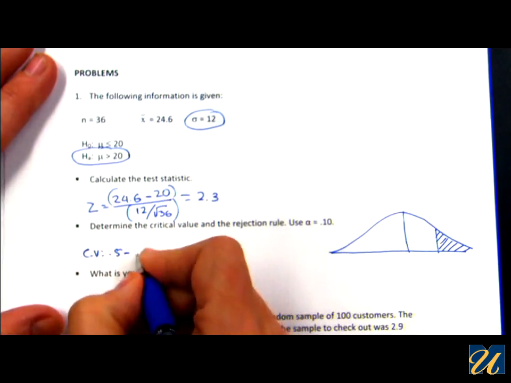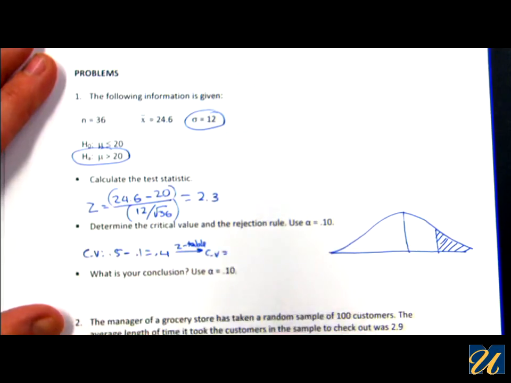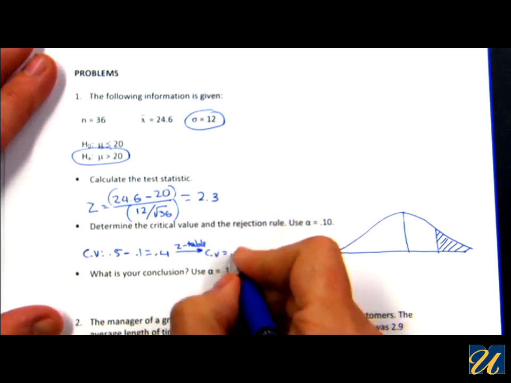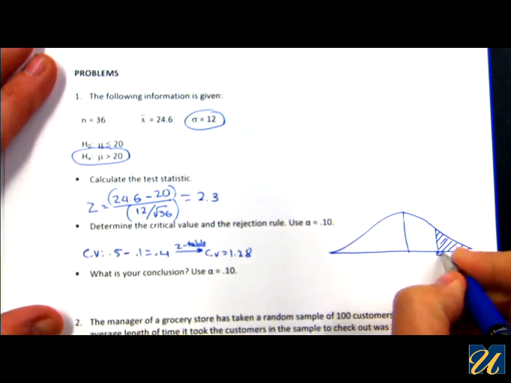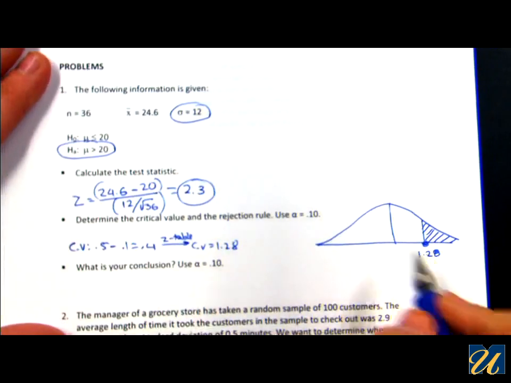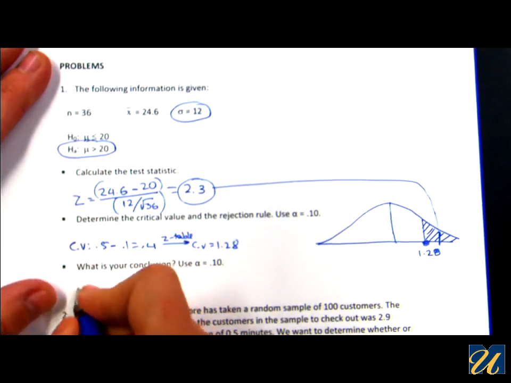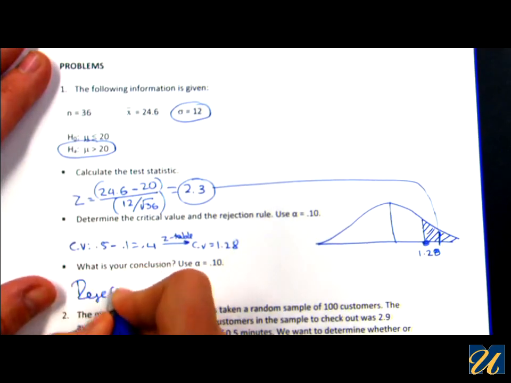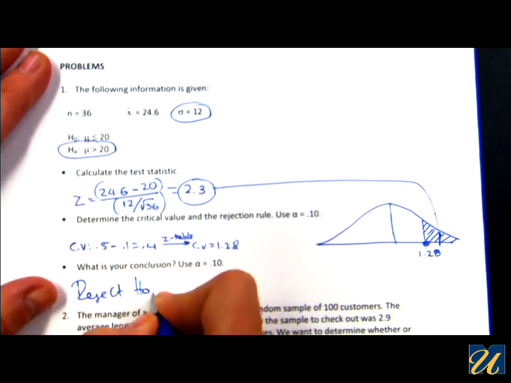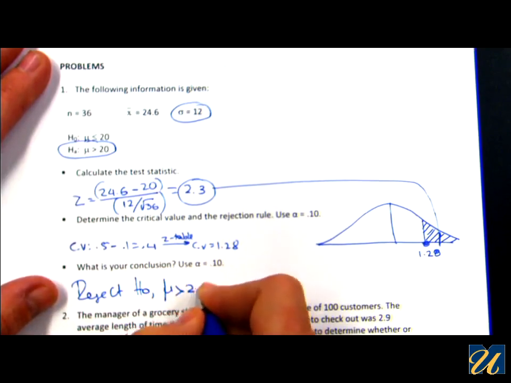Alpha is 0.1, so 0.4, z-table, and the critical value will give me a value of 1.28. So this point is 1.28. 2.3, for the conclusion, falls inside the rejection area. It would be somewhere over here. Therefore, your conclusion will be to reject H0. Enough evidence to support mu greater than 20.